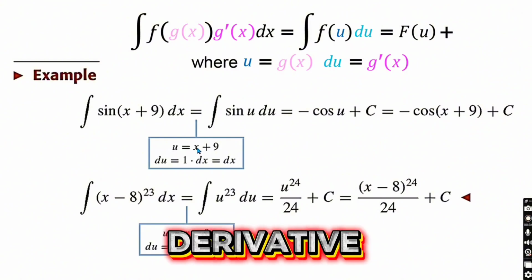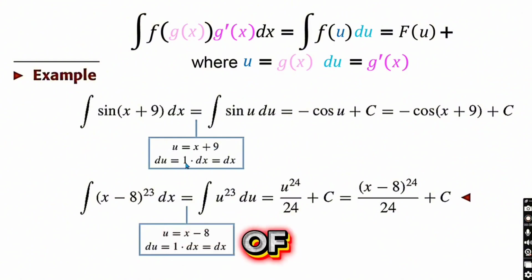The derivative of x is 1, the derivative of 9 is 0, so we have 1 here. So du over dx is equal to 1, which is the same as du equals 1 times dx, and this is equal to dx. So basically we have du equal to dx.